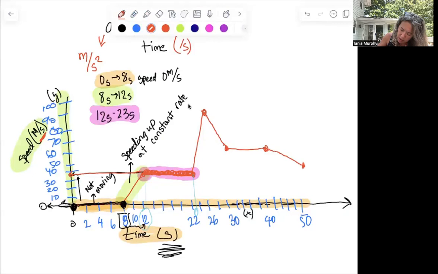So it looks like at this time I have a constant speed, and that is a speed of about 38 meters per second.